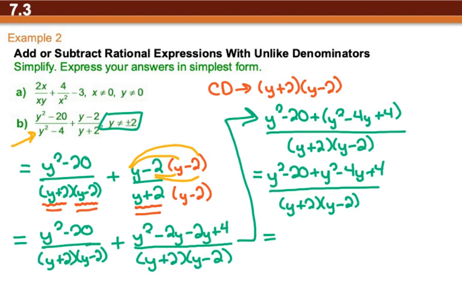Combine like terms, we have y squared plus y squared would be 2y squared. We have minus 4y, and we end with minus 16, which is all over y plus 2, y minus 2.